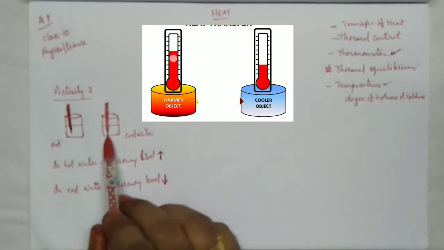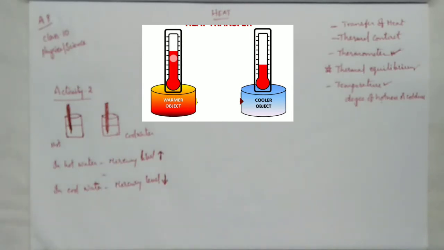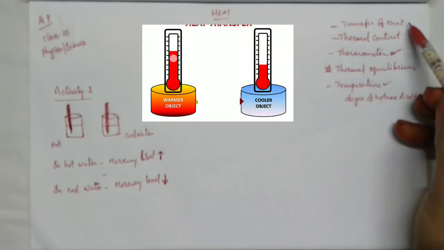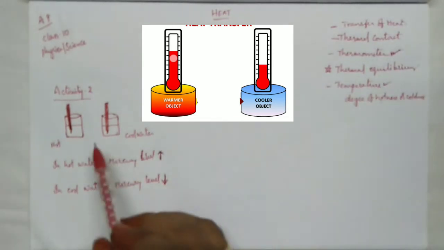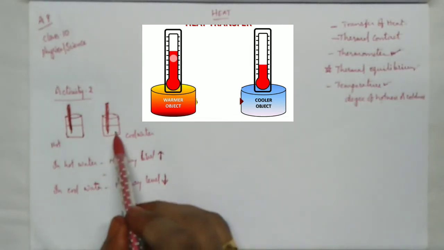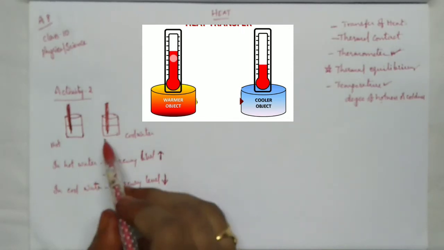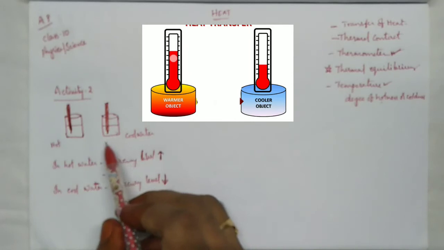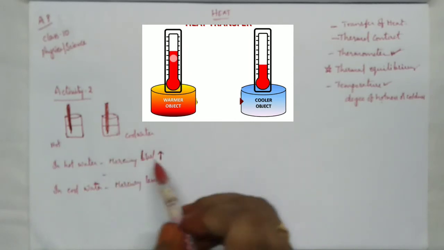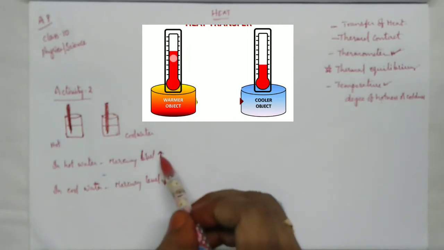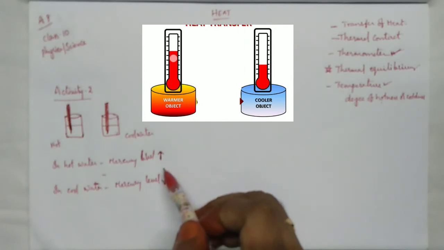Until they reach a common temperature, this exchange of heat, transfer of heat, takes place. This rising or falling will take place until the water and the thermometer mercury come to a common temperature.